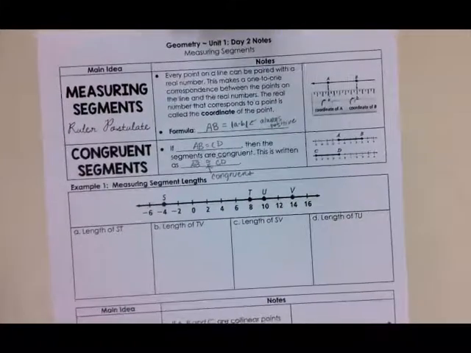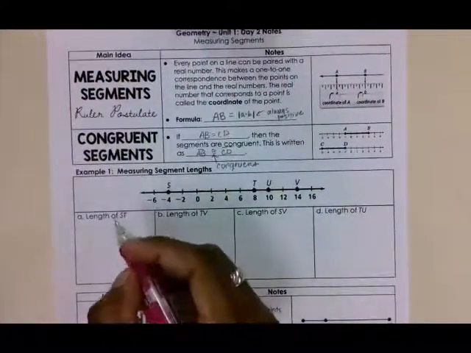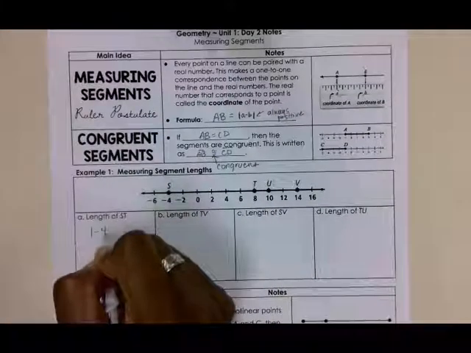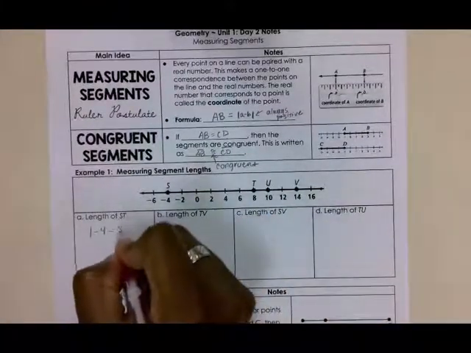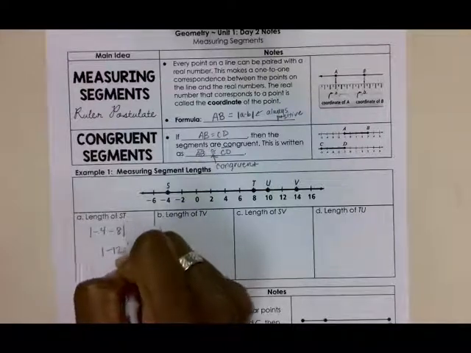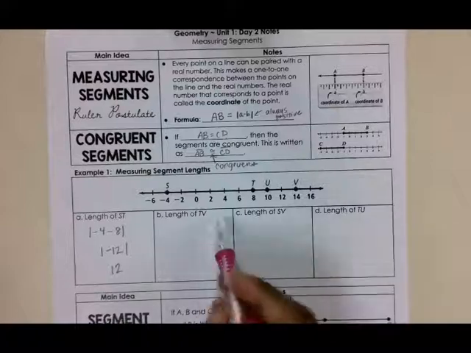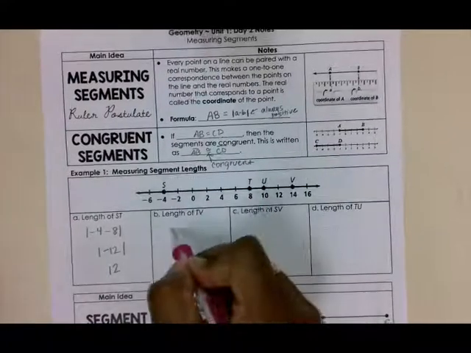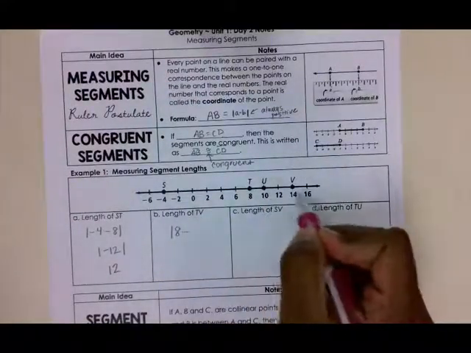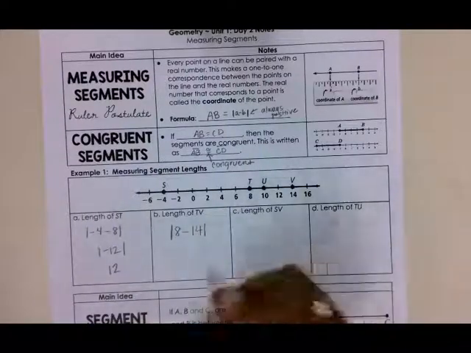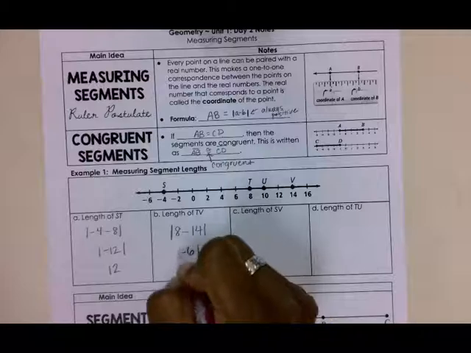So let's find some lengths. So I'm going to find the length of ST. So ST, absolute value of -4 minus 8, which gives me -12. Absolute value of 12 is positive 12. Length of TV. T is at 8. V is at 14. Put my absolute value around it. 8 minus 14 is -6.